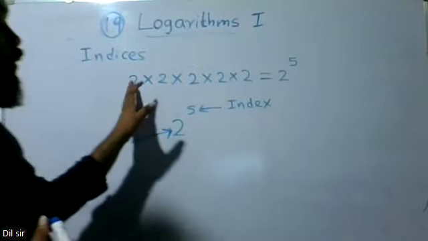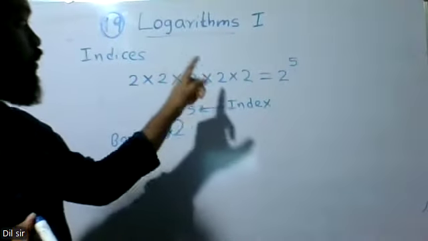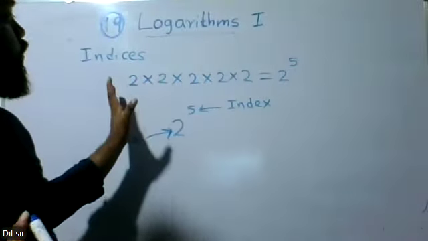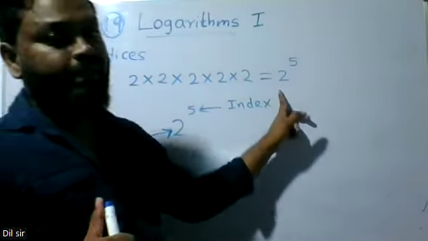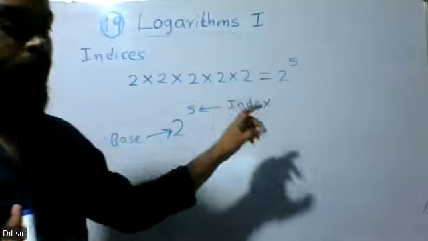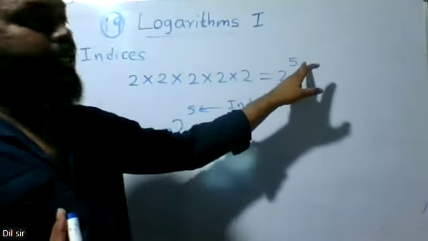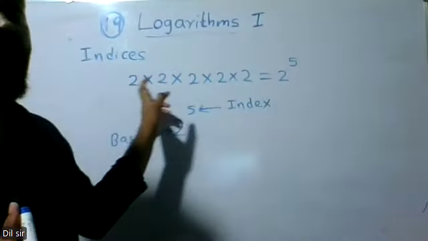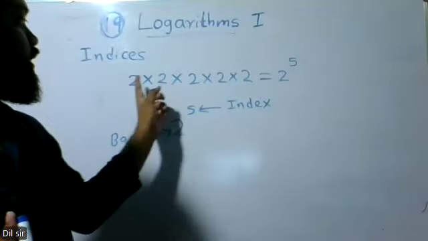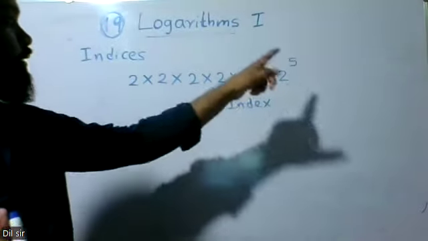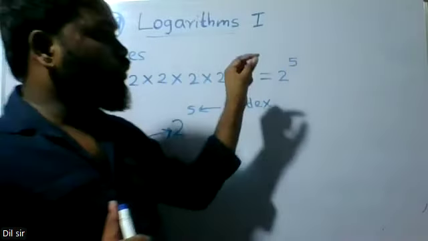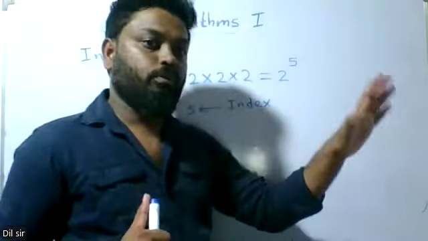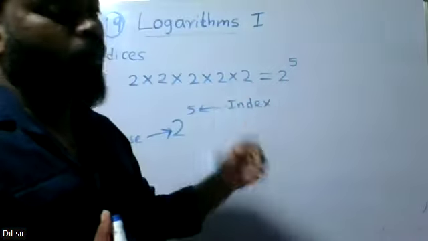And after that, 2 times 2 times 2 times 2 times 2, likewise 2 multiplied by itself how many times? 5 times. It can be expressed as 2 to the power 5. Actually, what is this 5? The number of 2's in the expression. 2 to the power 5, or 2 to the power of 5.